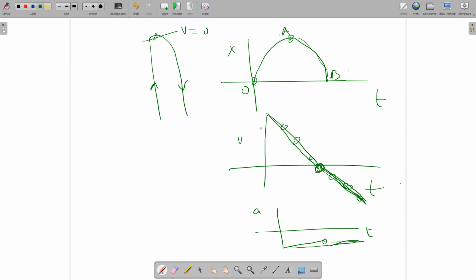Maybe I will tell you some more graphical explanations. Now I want to start some problems of this chapter.